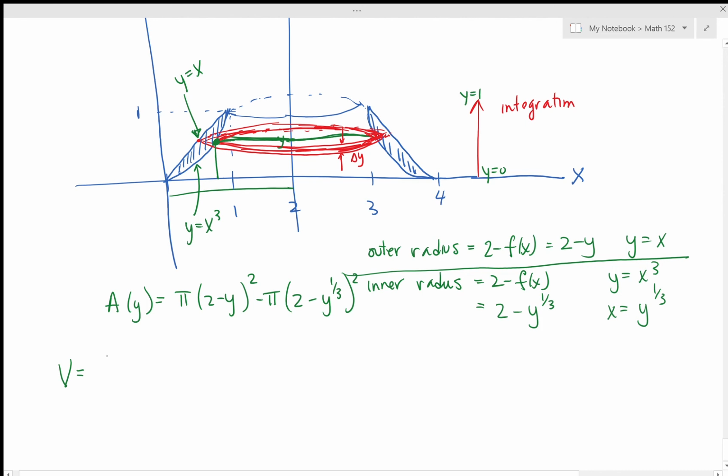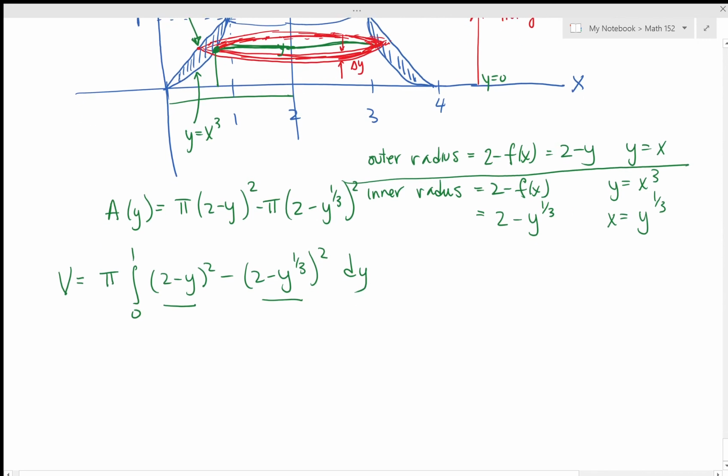So the volume is pi times the integral from 0 to 1 of (2 minus y) squared minus (2 minus y to the 1/3) squared dy. Okay, problem solved. You expand, you integrate, you evaluate, but that's the mechanics of it.